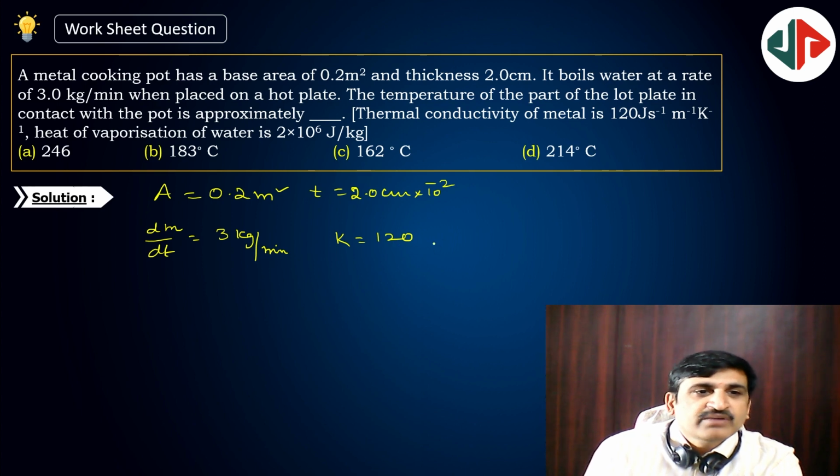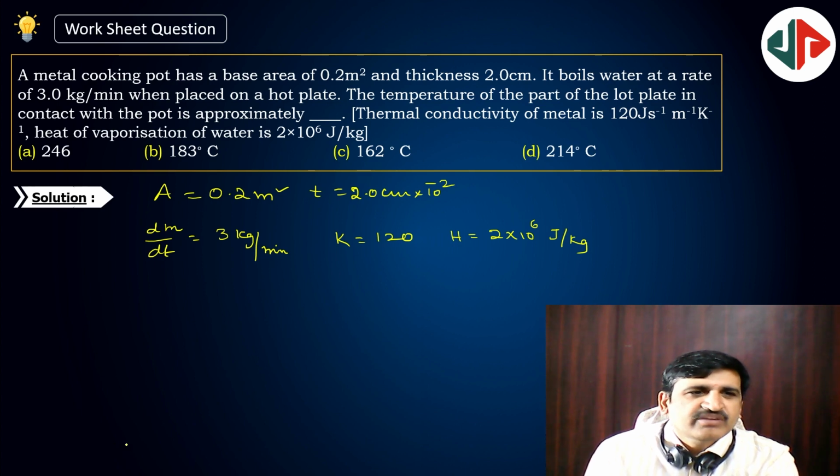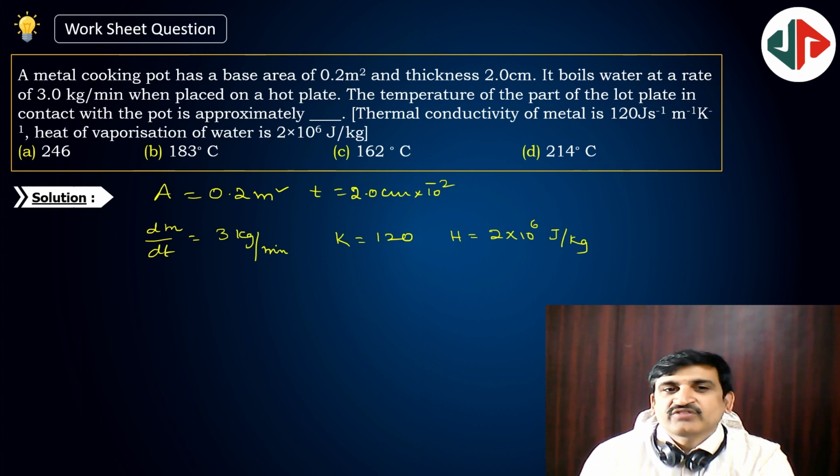Heat of vaporization of water is 2 into 10 to the power of 6 joule per kg. It's nothing but latent heat of vaporization, right? So anyway, no problem. So how to do it, which formula can be used?